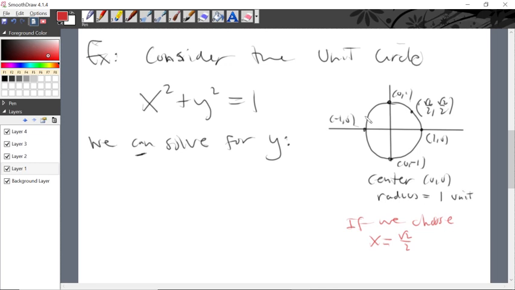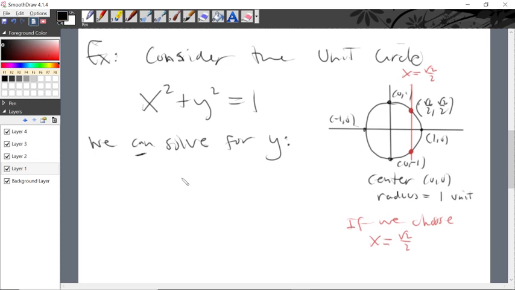In other words, this circle itself is not a single function. Choosing x equals root 2 over 2 corresponds to a vertical line, and that vertical line intersects the graph of the unit circle in 2 locations. So x squared plus y squared equal to 1 is not a function by itself.